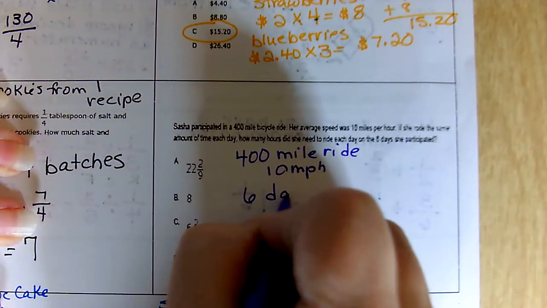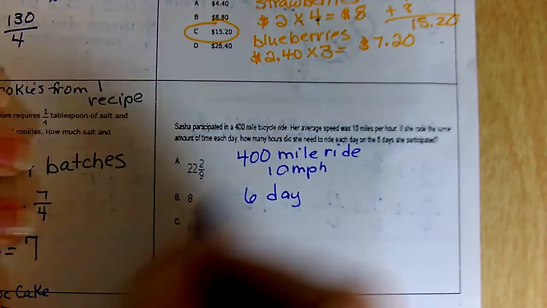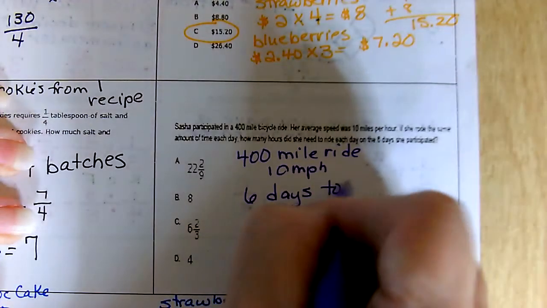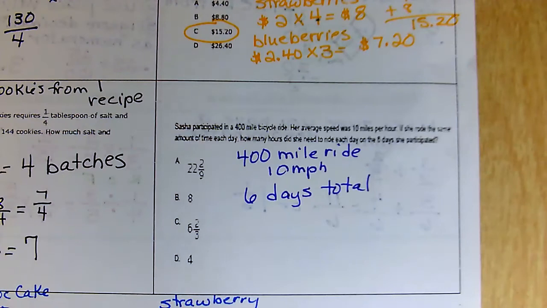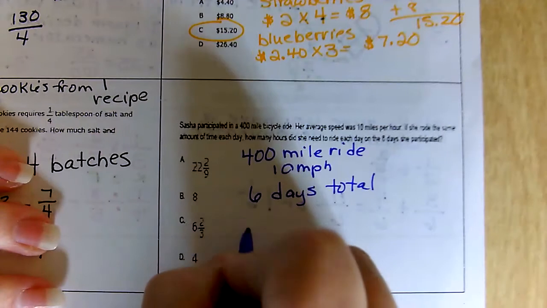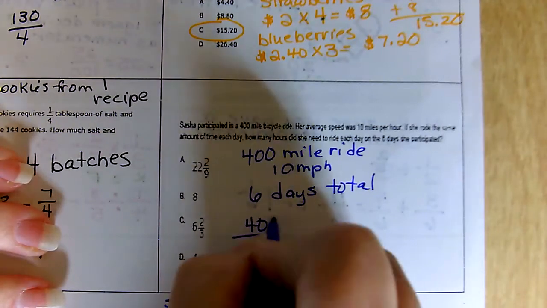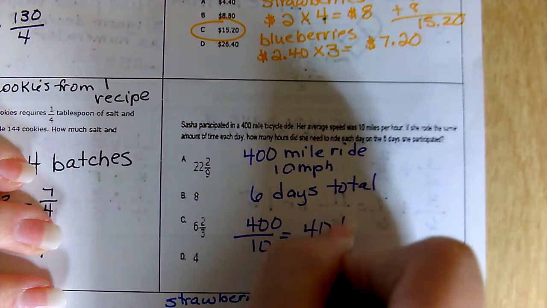6. Oh, that must be a 6 instead of an 8. 6 days total. Is it an 8? It's got to be a 6 because worked out it's a 6. So, yeah, it's a 6. So 400 divided by the 10 miles per hour took her 40 hours.